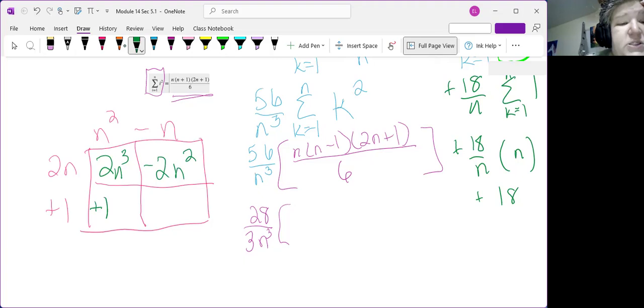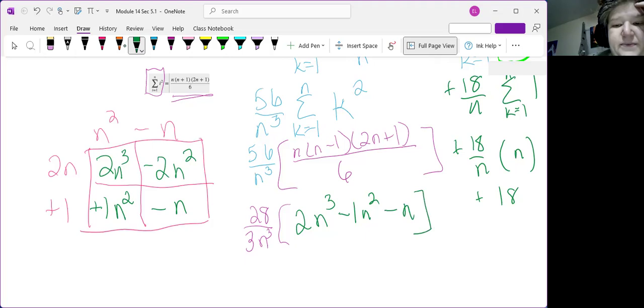And then we have plus 1n squared and minus n. All right, so the 6 was already taken care of outside. So this whole thing is just 2n cubed. 1n squared minus 2n squared is negative 1n squared, or just negative n squared, and then minus n.